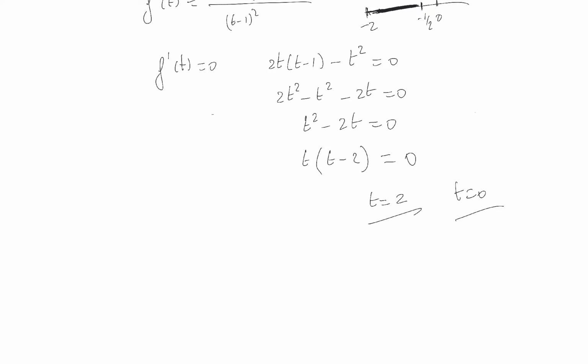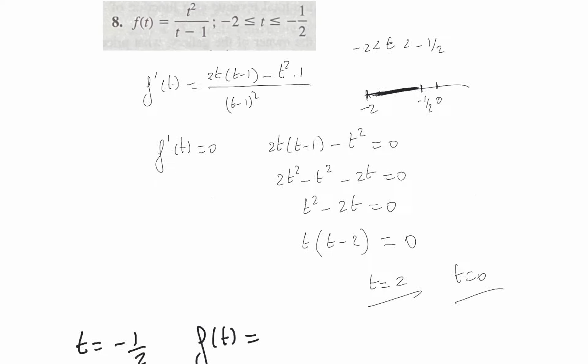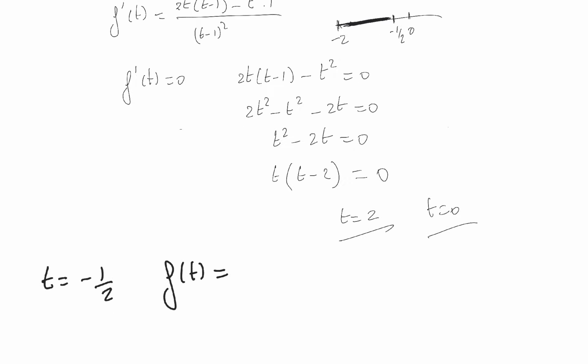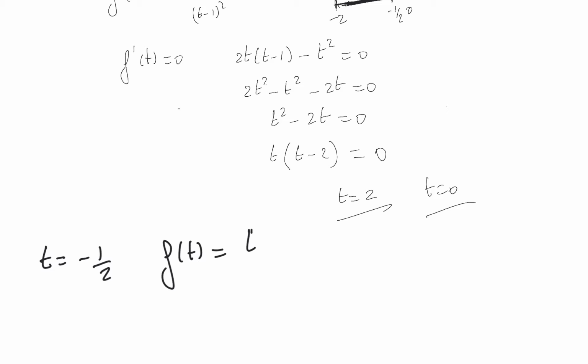If t equals -1/2, what is f of t? F of t is t squared divided by t minus 1. So it will be -1/2 squared, which is plus 1/4, divided by t minus 1, which is -3/2.